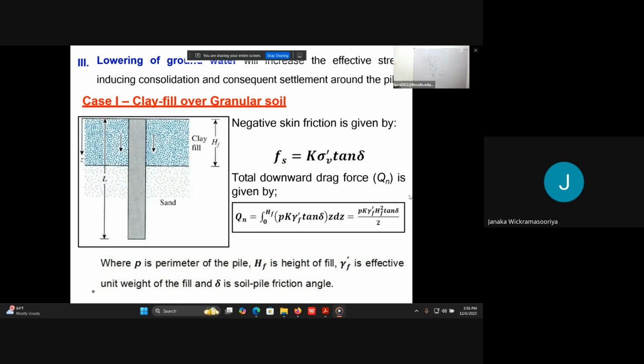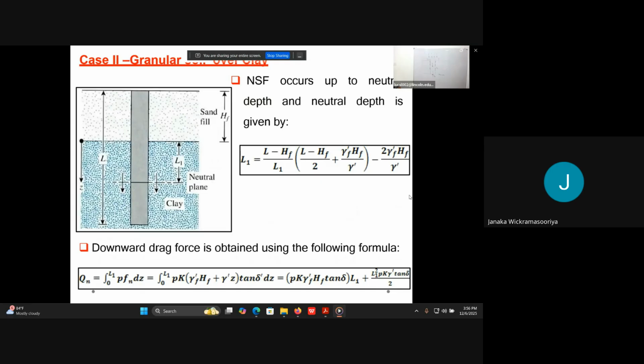In this case, there are equations to find the negative friction. Just keep in mind that there are some equations like this to find the negative friction, right?